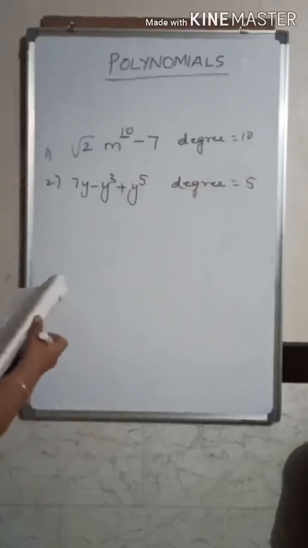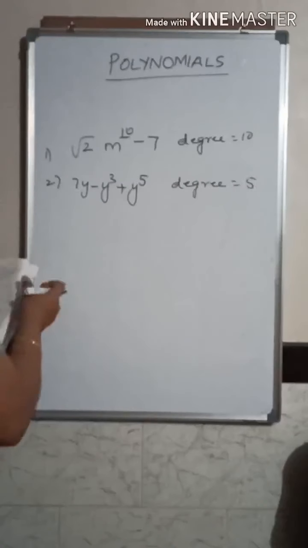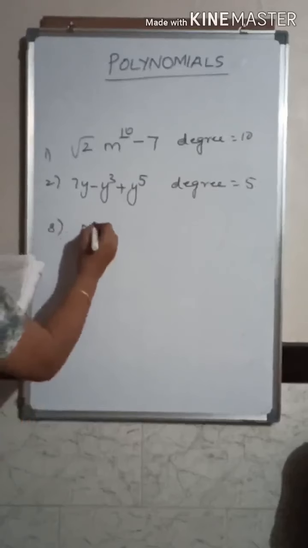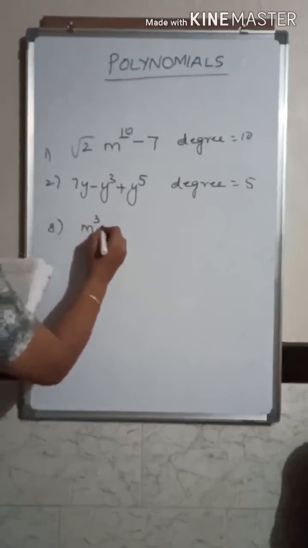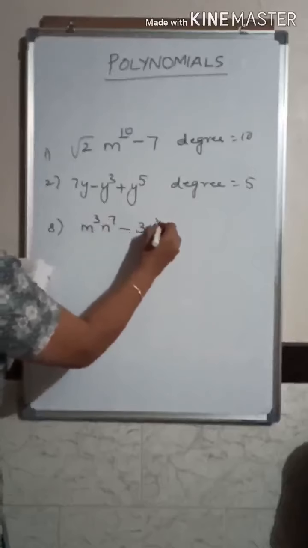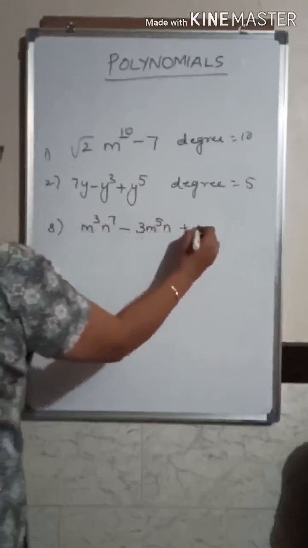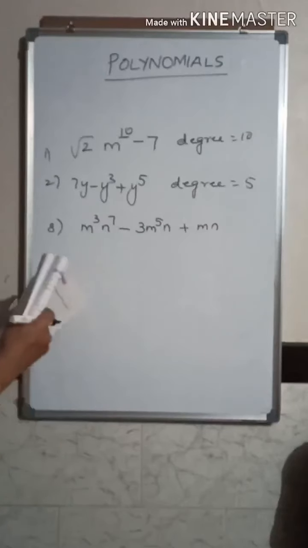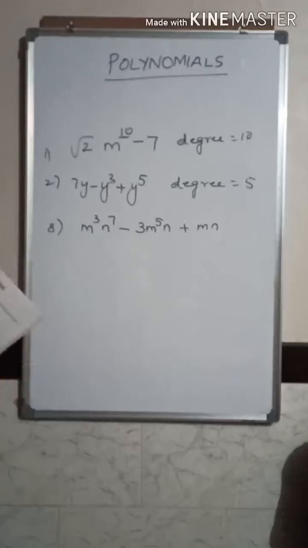Now suppose you have more than one variable. The 8th problem: m cube n to the power of 7, m to the power of 5 n, plus m into n. This is the given problem, and you have to write the degree of the polynomial.